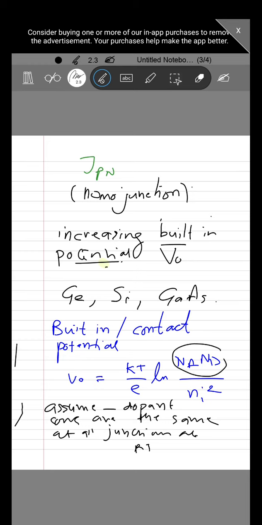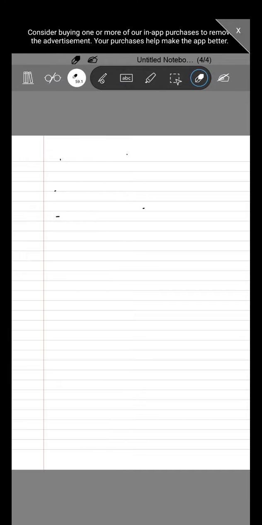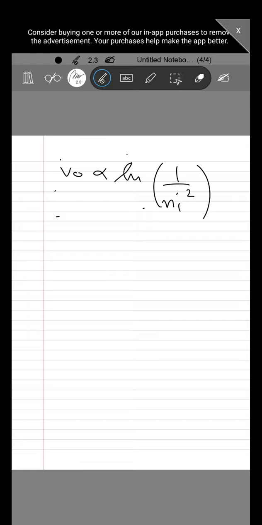Na and Nd become constant, and this one is also a constant. So we are only left with V0 proportional to log of 1 by Ni square. So higher the intrinsic carrier concentration, the lower will be the built-in potential.